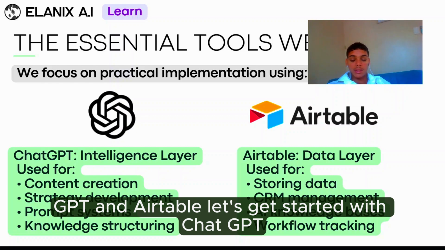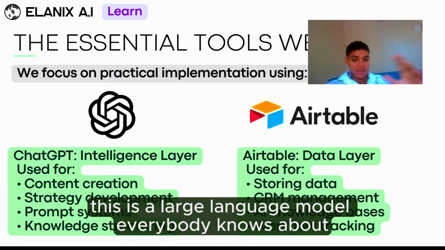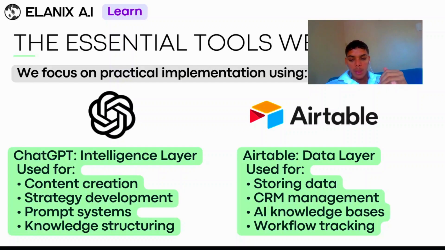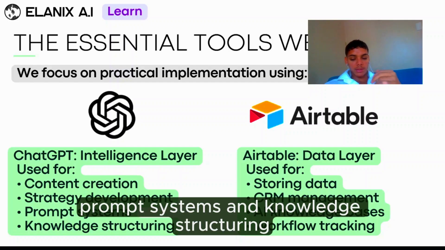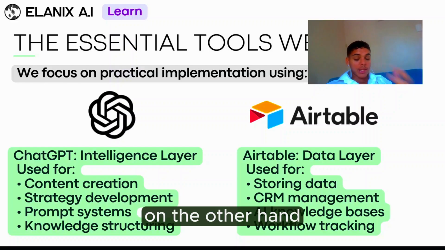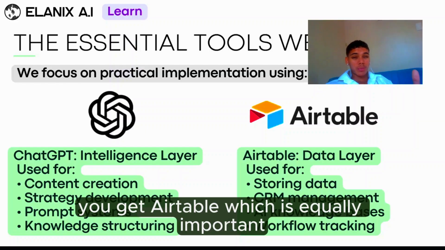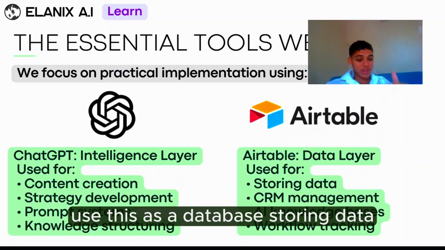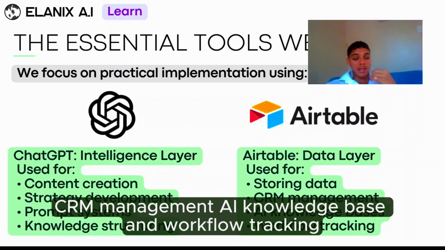Let's get started with ChatGPT. This is a large language model everybody knows about, and you can use this for content creation, strategy development, prompt systems, and knowledge structuring. On the other hand, you get Airtable, which is equally important, and this is for the data layer. You use this as a database, storing data, CRM management, AI knowledge base, and workflow tracking.